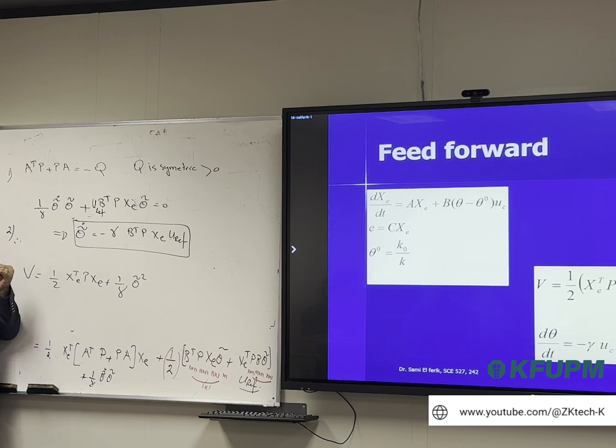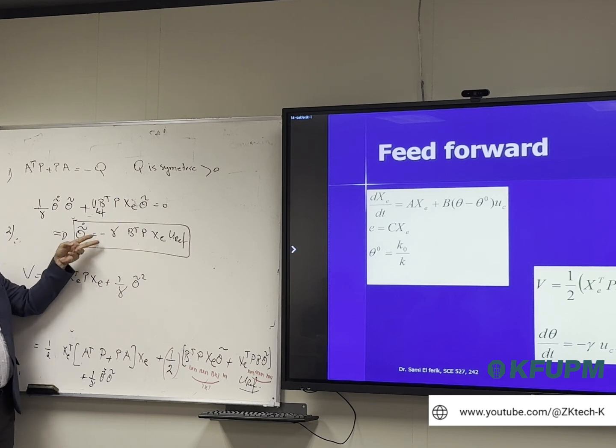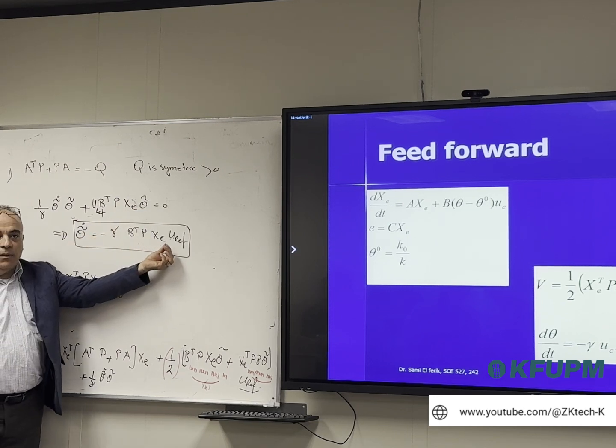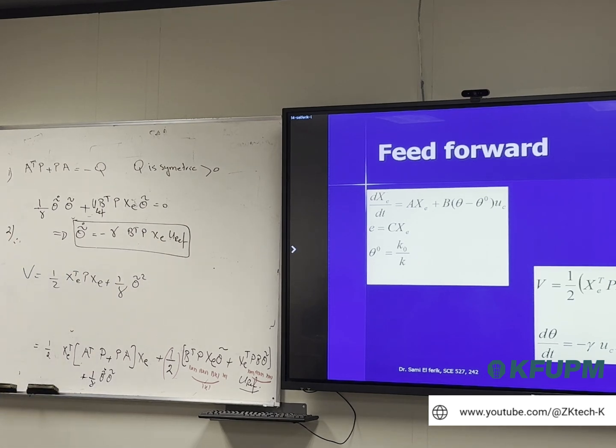This is the conclusion. Ideally, you would like θ̃ to converge to zero, which means that this derivative will converge to zero when both of them are equal. You converge to the right value of θ. But this is not guaranteed. You agree with this? Yes.